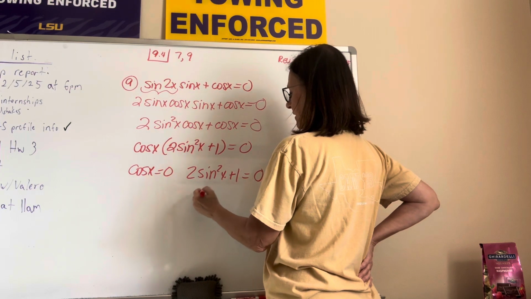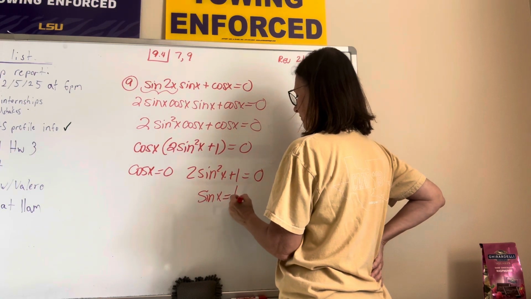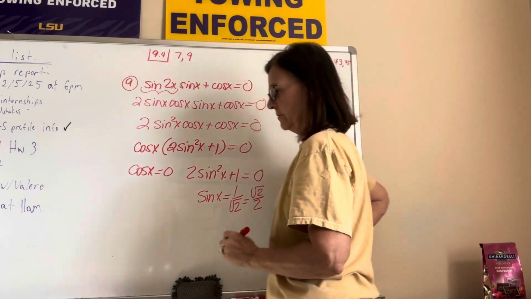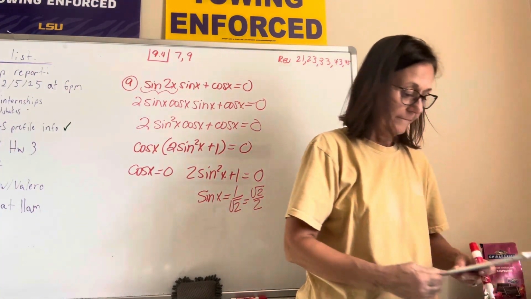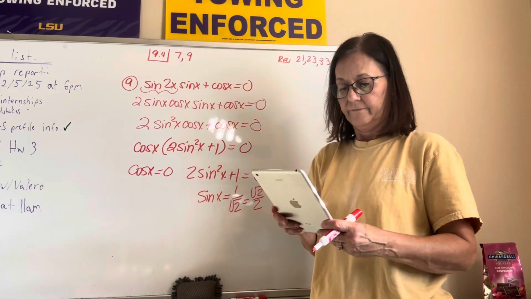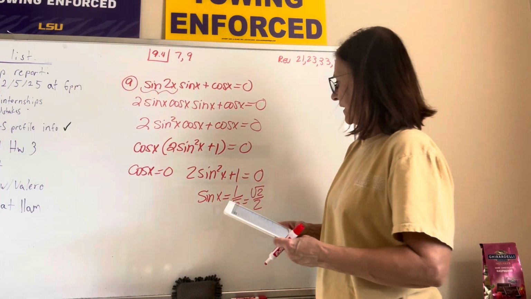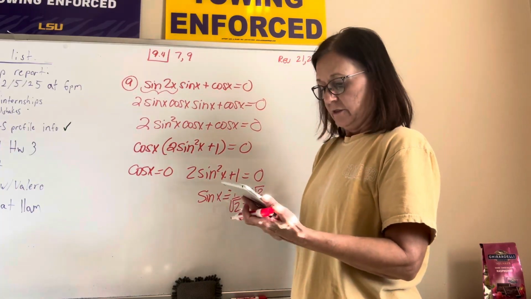This ends up being sine x is 1 over square root of 2, which is the same thing as square root of 2 over 2. And you can solve those. That's negative. It's going to be negative. All right. So that's 9.4.